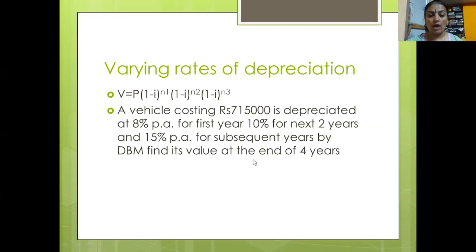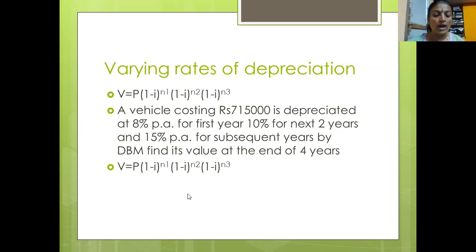So now we have the formula, and we have to calculate the value at the end of 4 years. See here, for 4 years, the first year it is 8%, the next 2 years it is 10%. So 1 plus 2, 3 years are over, and one more year, that is 15% for one more year. So all these we have to record. So what is the formula?